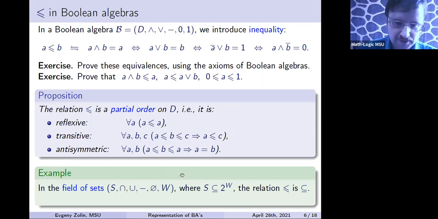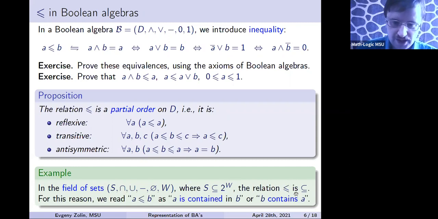Some remark about the terminology. If we consider a concrete Boolean algebra of all subsets or of some subsets of W, then this relation turns out to be simply the inclusion. You can easily check that A intersection B is equal to A exactly means that A is a subset of B in the usual sense.